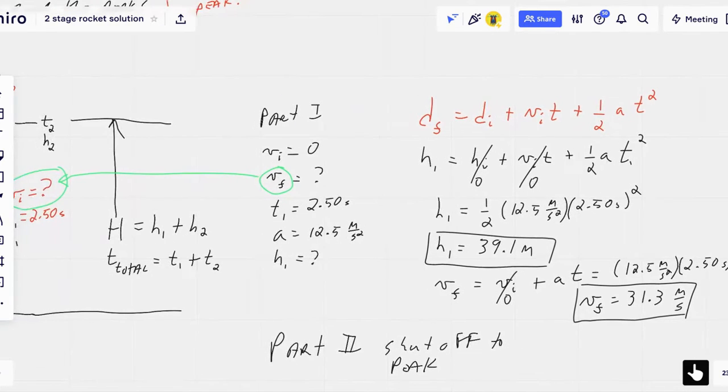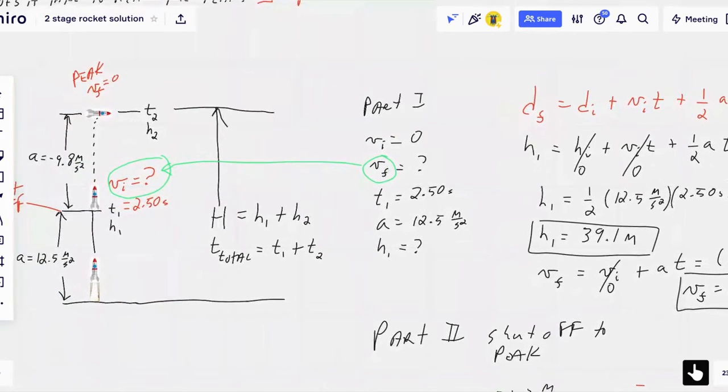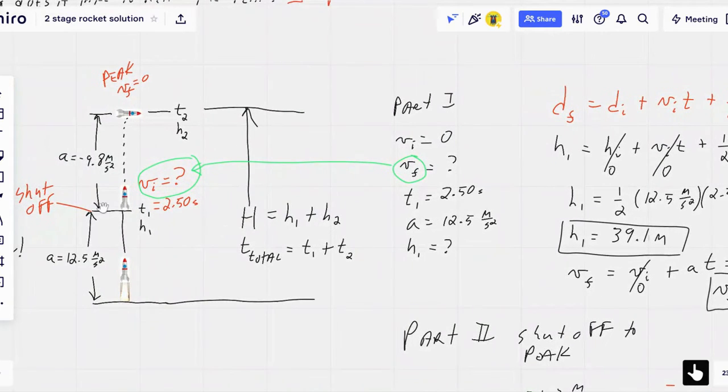Now I know how fast it's going when the engine shut off. Now that V final from part 1 becomes the V initial for part 2. So just make sure you understand where that's coming from and why I'm switching it. I'm dividing this into two parts.